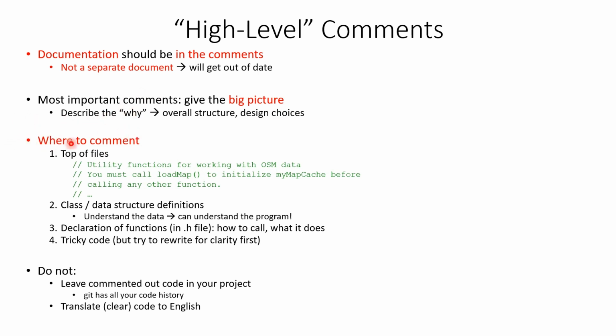And where should we comment? As we just saw, at the top of files, we need to have a large chunk of comment describing the big picture. At the beginning of class and data structure definitions, we need the comments to understand the data, and understanding the data can help us understand the entire program. Declaration of functions: how to call them, what it does.